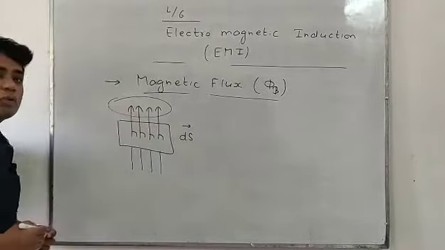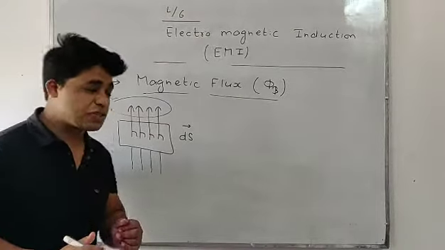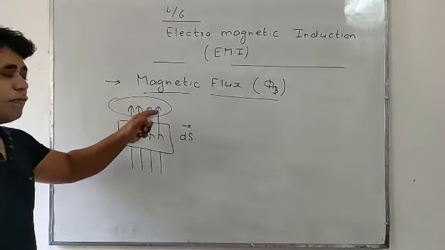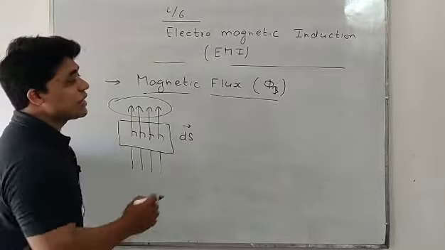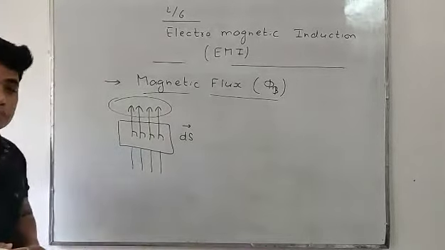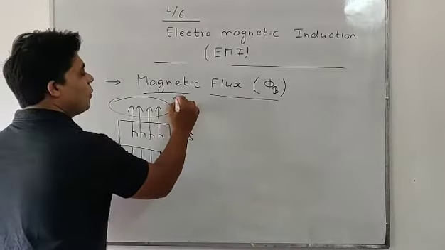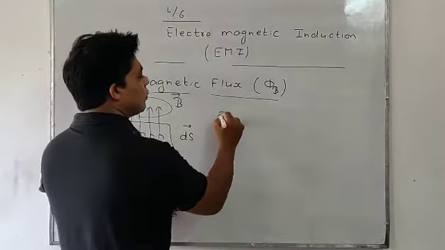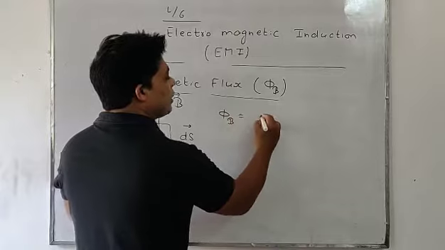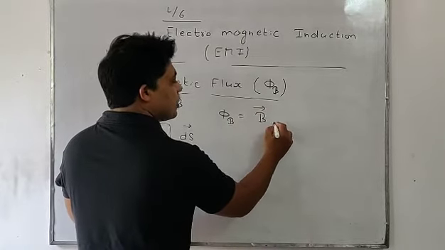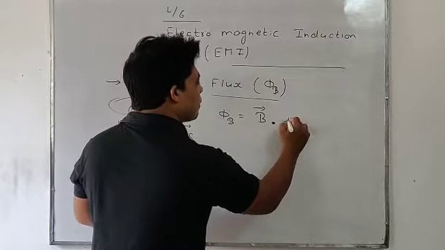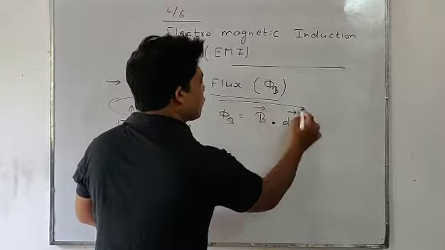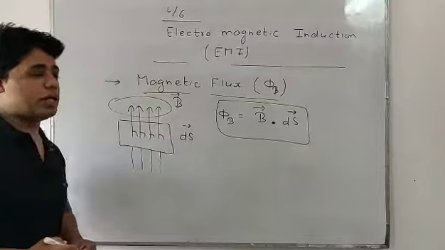So what is the first definition of magnetic flux? Those magnetic field lines that pass perpendicular, normal to the surface, are said to be magnetic flux. And what will be its mathematical definition? It is defined as the scalar or dot product of magnetic field and that particular surface area: phi equals B dot dS.